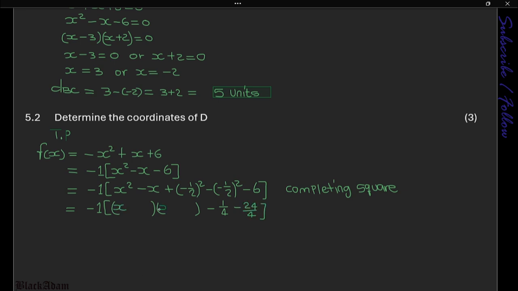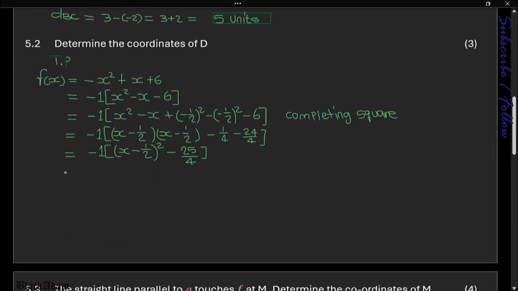So factoring that, it's going to be -1 multiplied by x minus half squared, and then minus 25 over 4, since 1 plus 24 is 25 over 4.